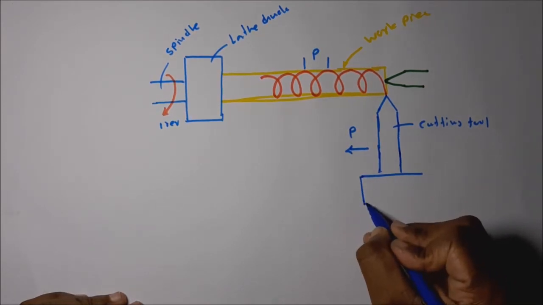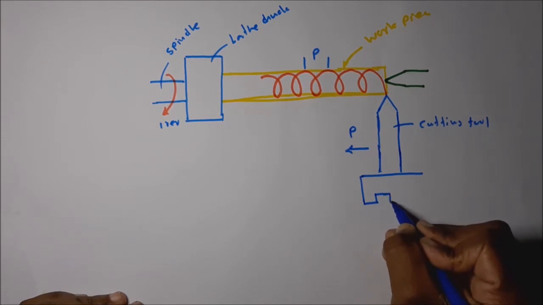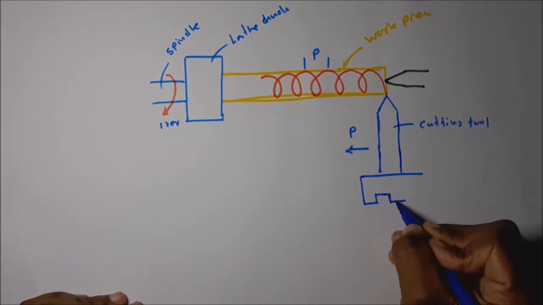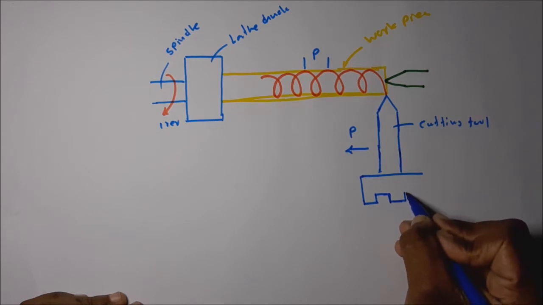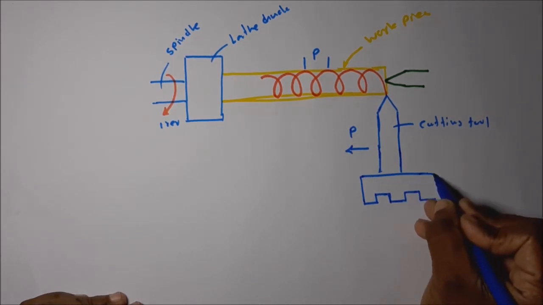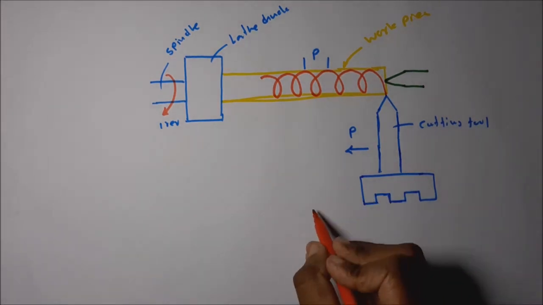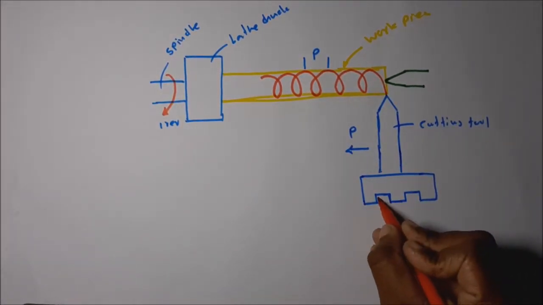That means the half nut is actually one half of a nut. Then this half nut can be engaged and disengaged. I will draw that in that way. Actually it's a half of a nut. Then I will draw the lead screw also. Lead screw.